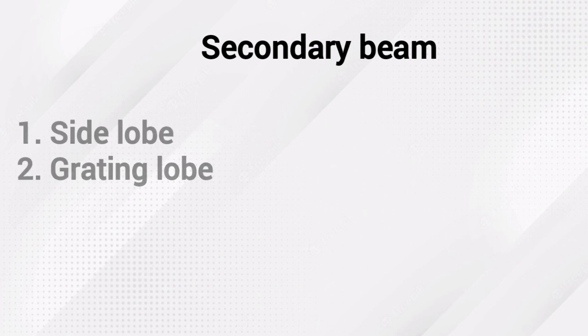There are two types of secondary beams, namely side lobes and grating lobes. The side lobes are secondary beams that travel in a direction that is different from the main beam. They are produced by almost all transducers, while grating lobes are a second type of secondary beam that is emitted only by array transducers. Array transducers produce grating lobes due to the geometric arrangement of the small crystal elements in these transducers.